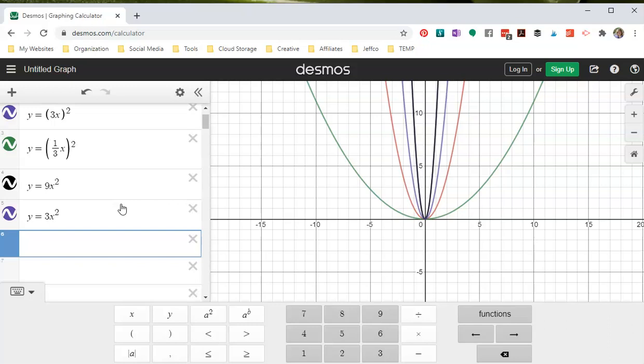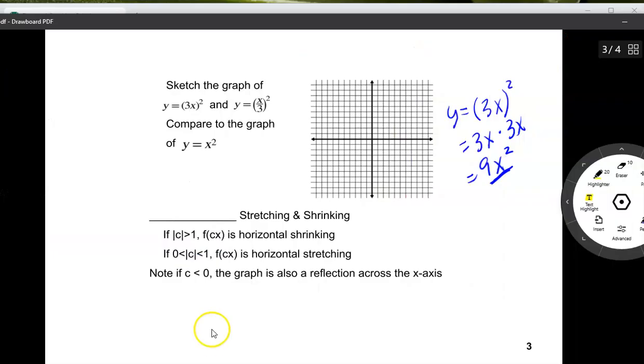So we've changed the 3 to now a 9 by putting it inside the parentheses. Does that make sense?